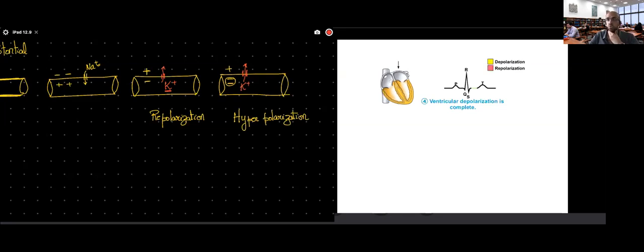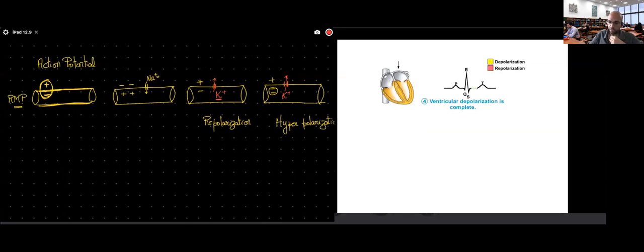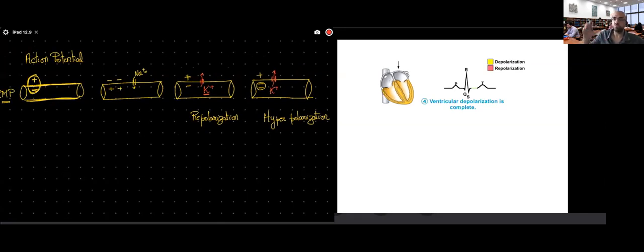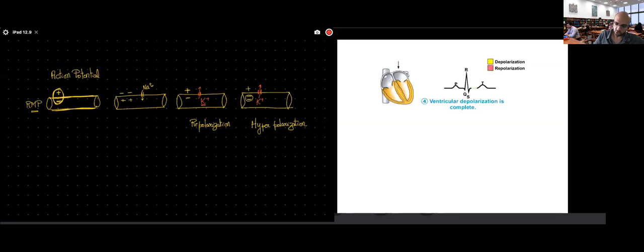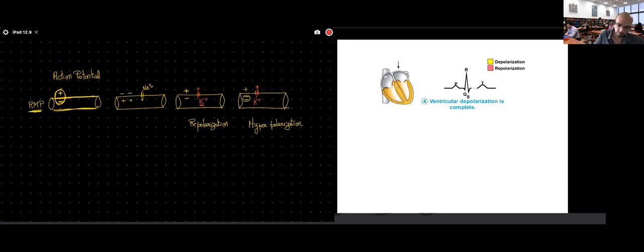All right. So what are the phases of an action potential that we've studied back in AP1 in the nervous system? We started with a resting membrane potential. Inside is more negative, outside is more positive. Allowed sodium in, you've lost the polarity. We call this phase the depolarization phase. I have lost the polarity.